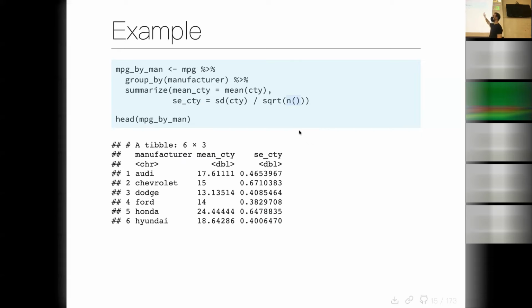And it works really well in things like this, where you have a group by, right? So I've grouped by manufacturer. That n is going to give me the n for each manufacturer, which then helps me in this calculation of the standard error. Okay, so then we end up with a data set that looks like this. Here's the mean, and here's the standard error of the mean for each of those.